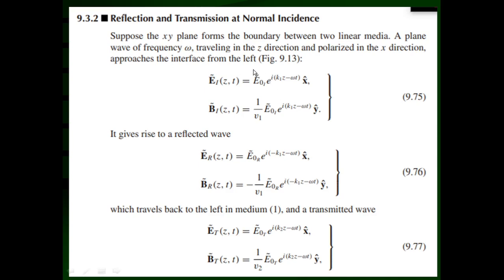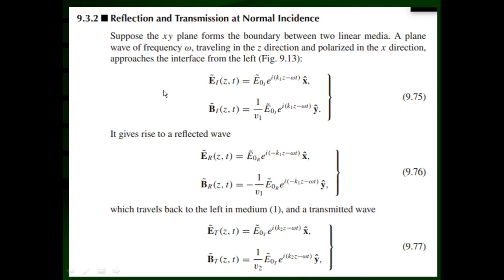And let us consider that the electric field is polarized along the x direction. That means the electric field vector will be along the x direction in the xy plane, and the magnetic field vector B will be in the y direction in the xy plane, because the electric field and magnetic field must be perpendicular to each other, and they propagate perpendicular to the plane containing both vectors. That is a plane wave.